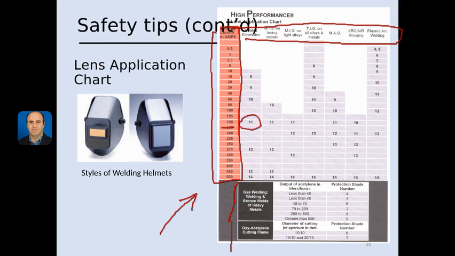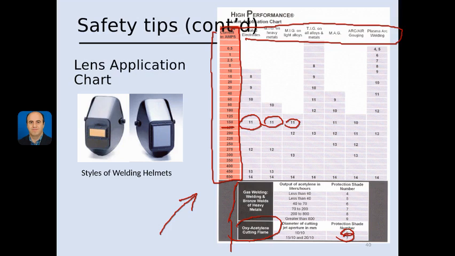Each of these numbers indicates the darkness of the lens. The higher number means the lens is going to be darker. For example, for 150 amps we have to pick number 11. But if we go for the oxy-fuel welding process or oxyacetylene cutting, we need to pick number 6 or 7.